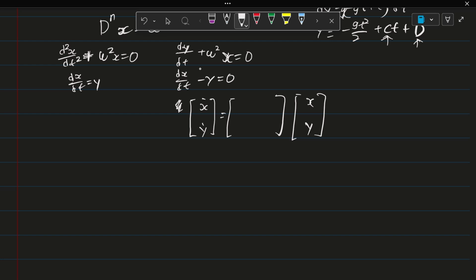So if you fill in the space, this would be 0, 1, and then at the bottom, this would be negative omega squared, 0. Now, if you remember from the linear vector space idea, you just do the eigenvalue, and then it will later help you solve this differential equation. So let's just do that method.